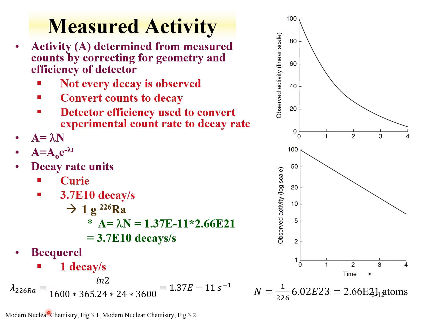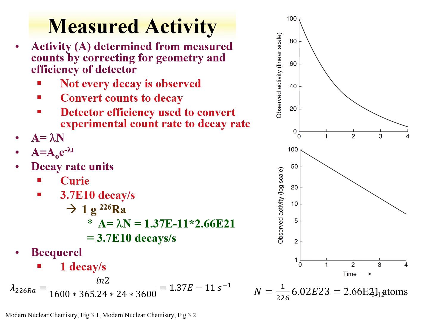For the decay constant, log 2 is divided by the half-life in years, 1,600. There's 365.24 days in a year, 24 hours in a day, 3,600 seconds in an hour. That gives a decay constant of 1.37 times 10 to the minus 11 inverse seconds.